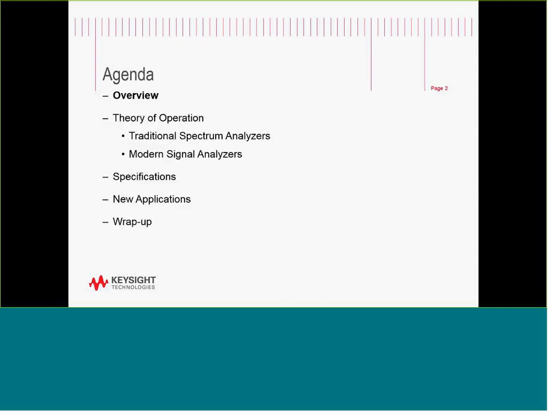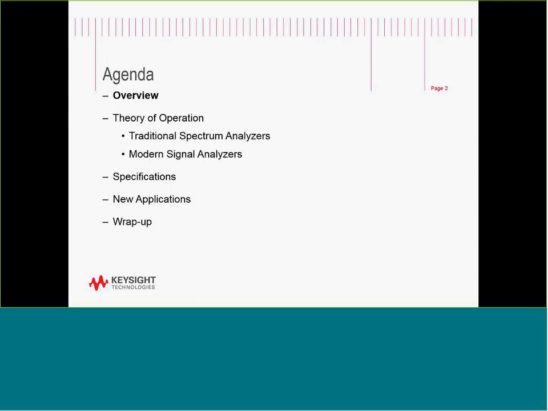If we look at the agenda today, we'll first have a little overview of what is actually measured using the spectrum analyzer or signal analyzer, and also the technology of how it is working. For the theory of operation, we're going to go into more detail on the traditional spectrum analyzer, and at the end we're going to touch on the modern signal analyzer.